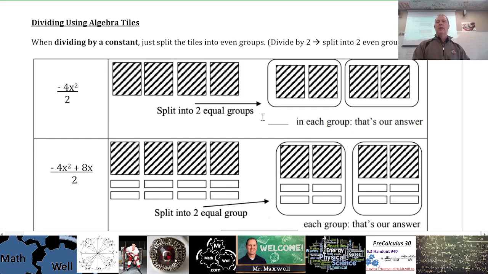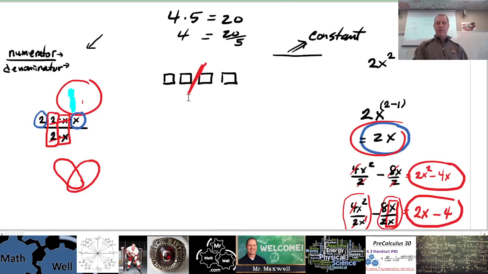Let me explain how algebra tiles work for division. As mentioned before, if you're dividing by a constant, you're simply taking the sketch of the algebra tiles that you would see on top, and the goal is to divide them into however many groups that you see on the bottom. So in this case, we're going to take negative 4x squared, and I think I did this exact example just really quickly for you.